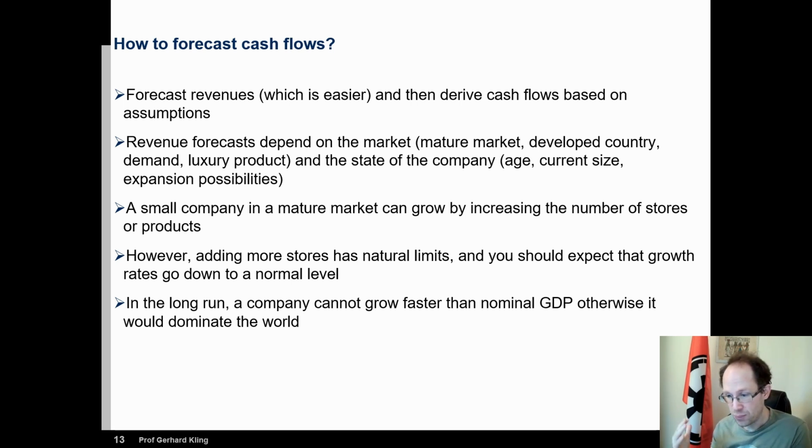Now, in practice, when I did valuations in consulting, the focus was always first on understanding revenues. So understanding the flow of money that goes into the business, not directly modeling the cash flows.